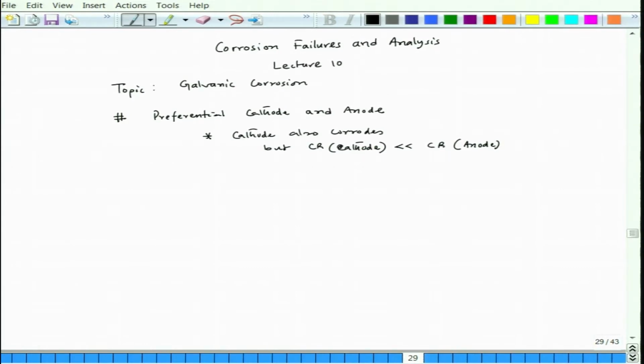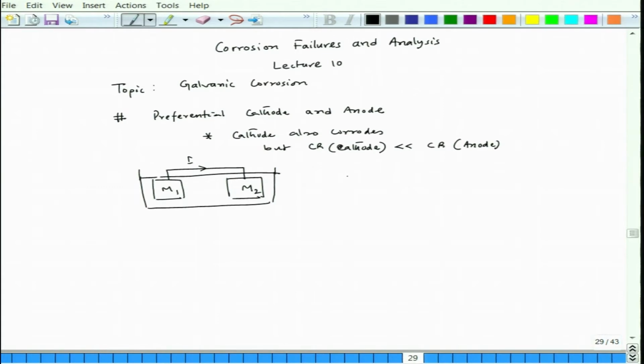Now, just in short, this is metal 1, this is metal 2, and they are connected by a conductor and they are dipped in a solution. If current flows this way, the electrical current will flow from metal 1 to metal 2.